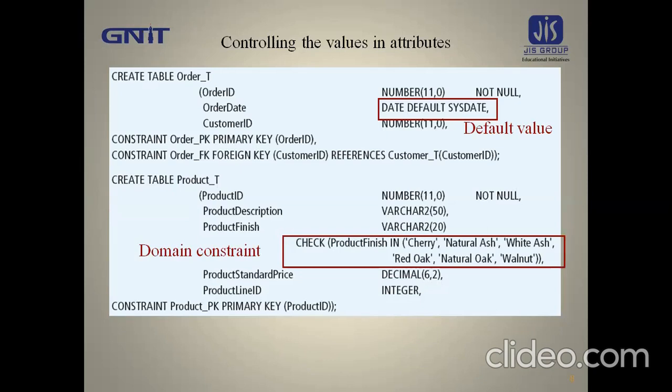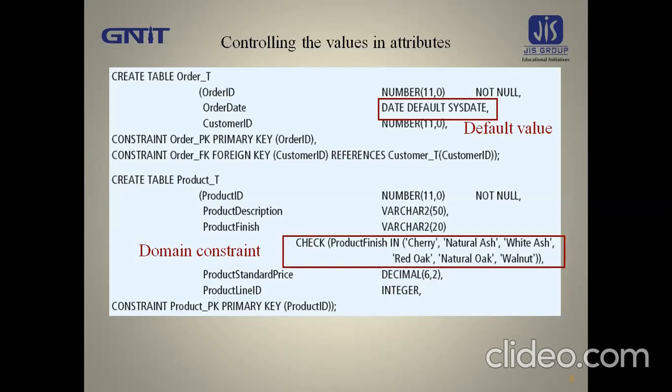So whenever we are inserting data in the table, if we don't specify any particular value for the order date, then by default, the system date will become the order date, right?